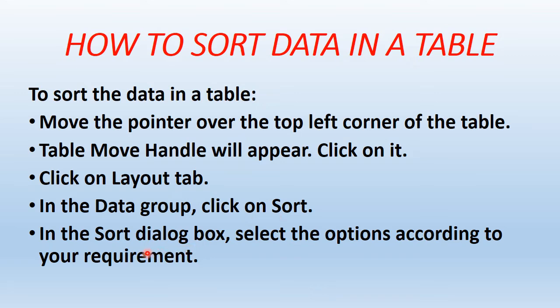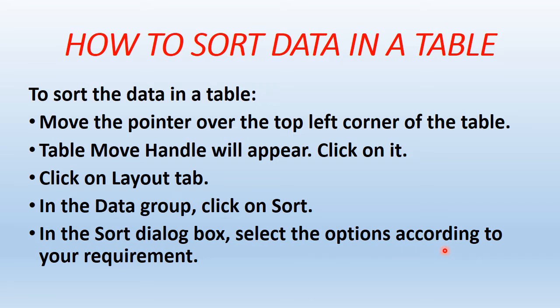Now, a sort dialog box will appear and you will select the options according to your requirement, means according to your wish, on the basis of which column you want to sort your data. Okay, again I am repeating the steps.